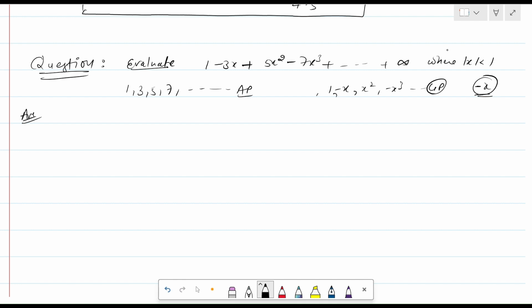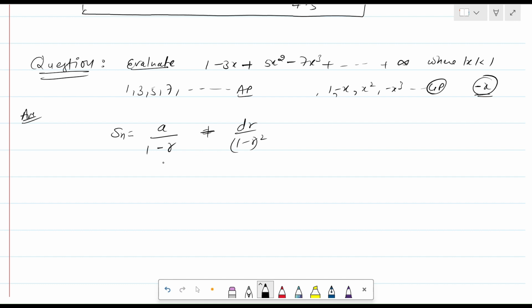So we know the formula of this, like Sn is equal to a upon 1 minus r plus dr upon 1 minus r whole square.